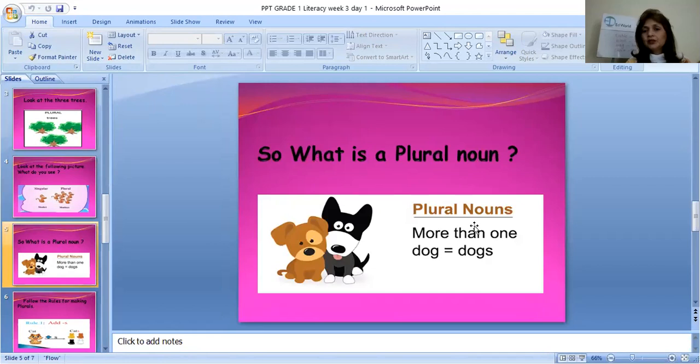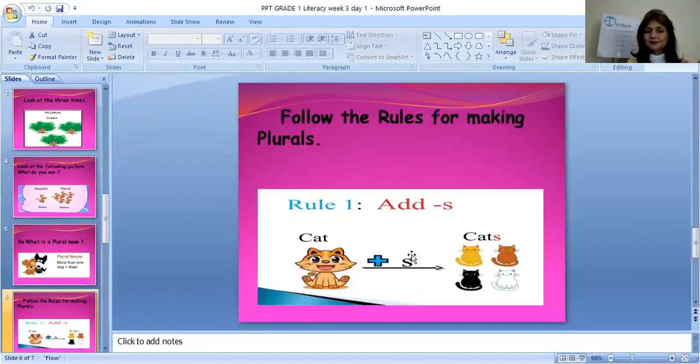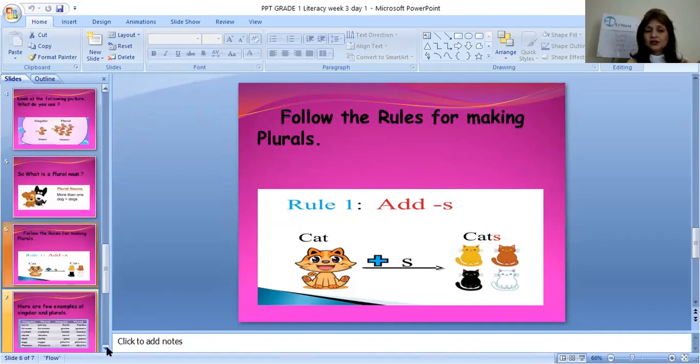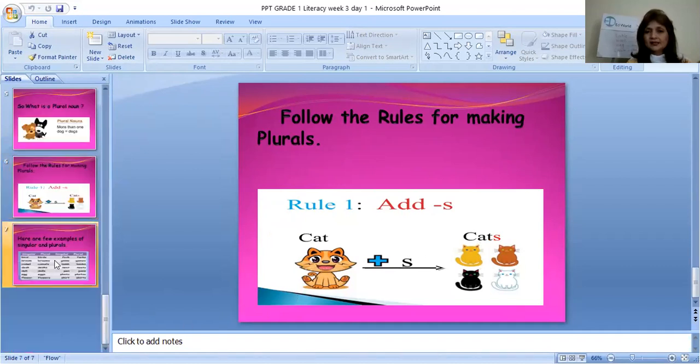So plural nouns are more than one, like dog, one will be dog and more than one would be dogs, right? Now this is rule 1, that we are going to add S to make it plural. Like I have already discussed, cat plus S becomes cats, right? There are 4 cats, so now it will become cats.